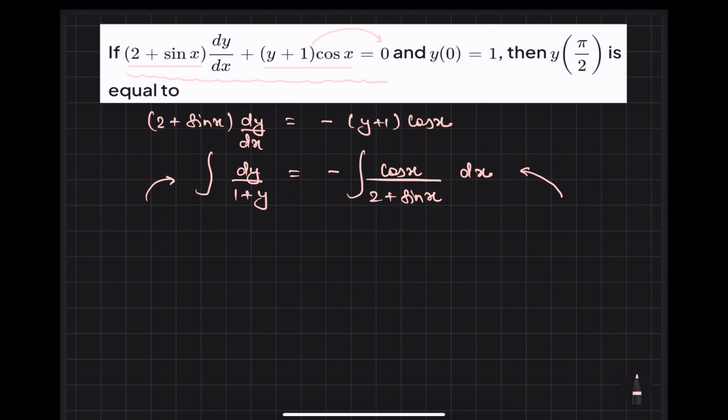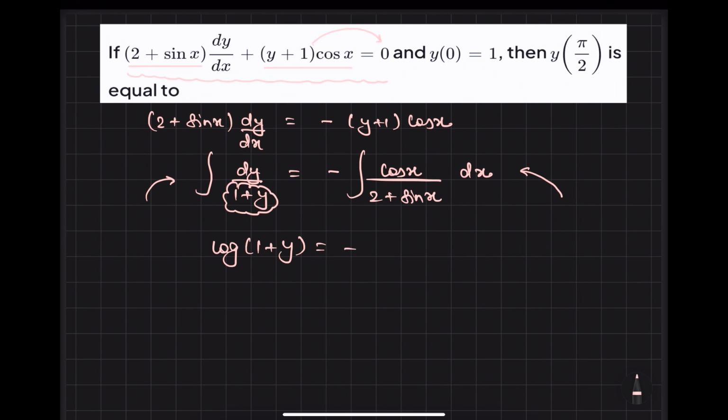Now, if you take this thing as z, you will get dz equals dy. So you got the integration of dy/(1 + y) as log(1 + y).